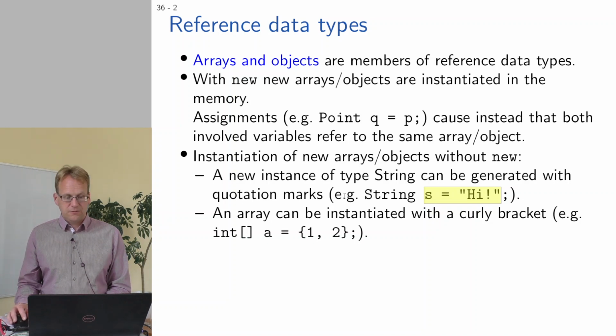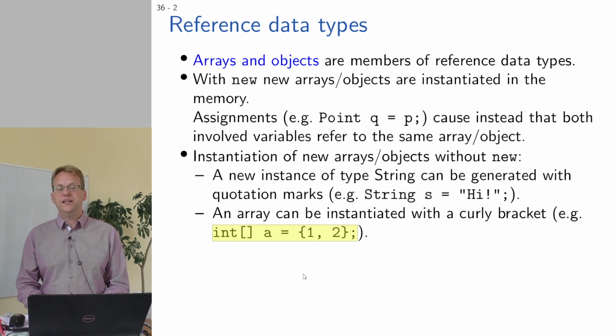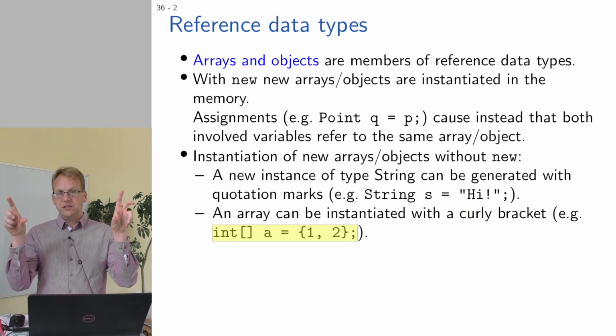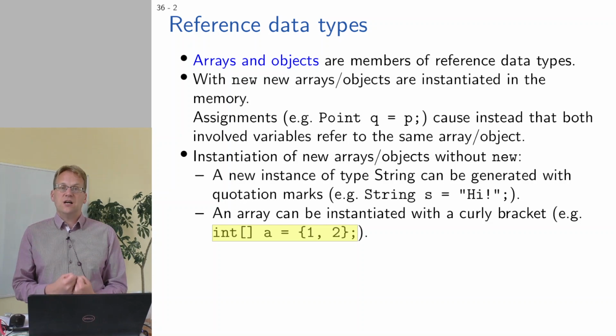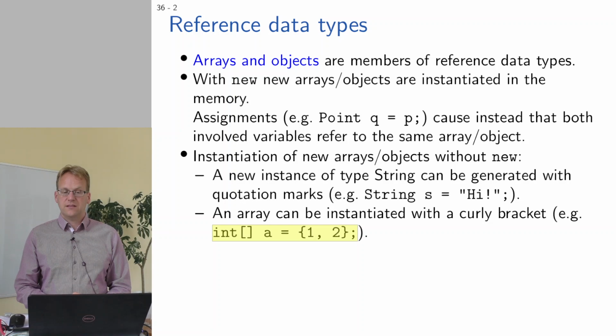And similarly for arrays, there's this very compact form to instantiate an array. If we use these curly brackets and the values of the array within these curly brackets, then this has the same effect as creating a new object in the memory of the computer and filling this array with the numbers specified here in the brackets.